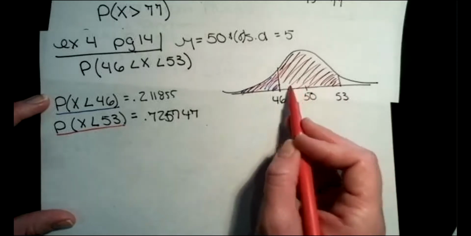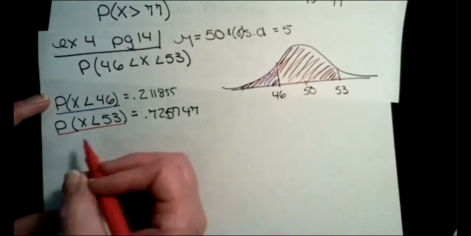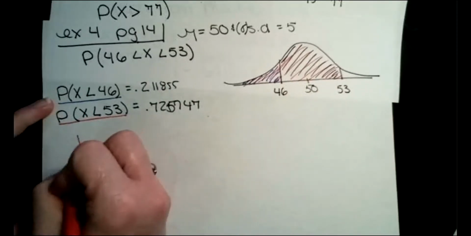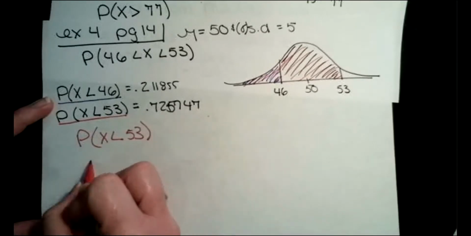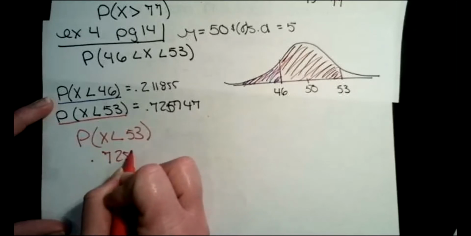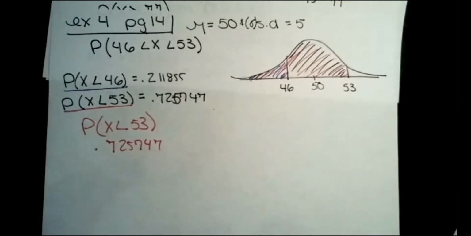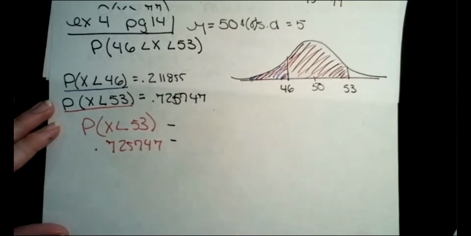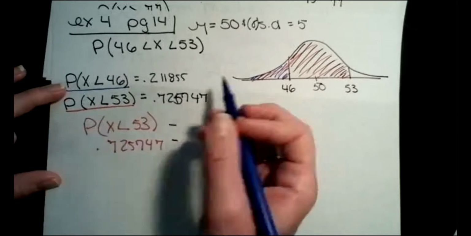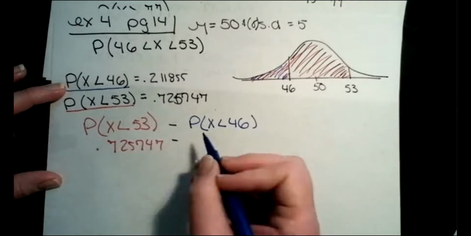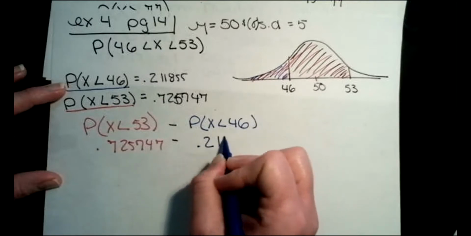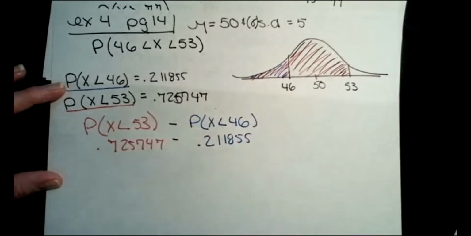So if I want the in-between, I need to take the probability that X is less than 53, which is 0.725747, and subtract the blue, which is the probability that X is less than 46, which was 0.211855.